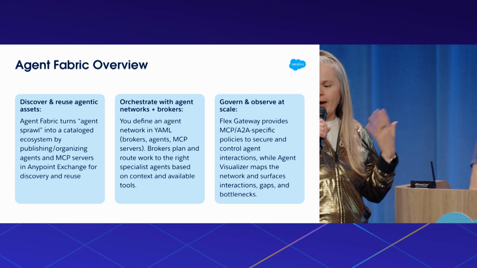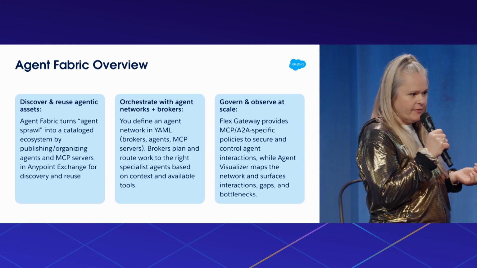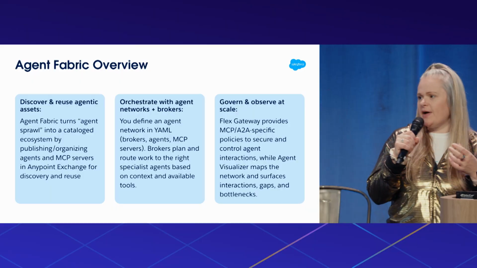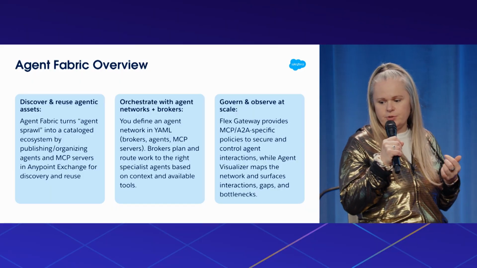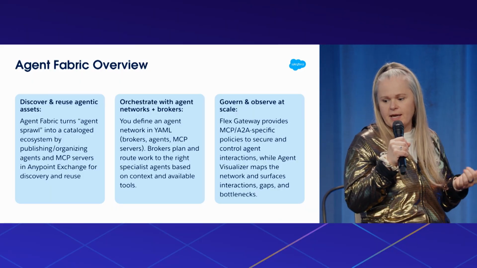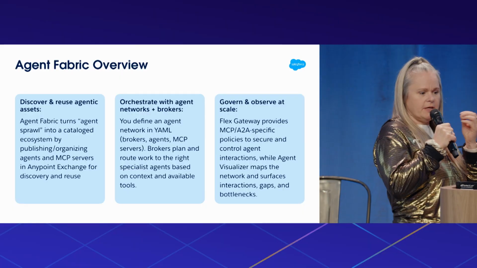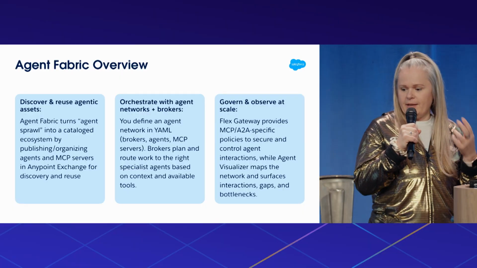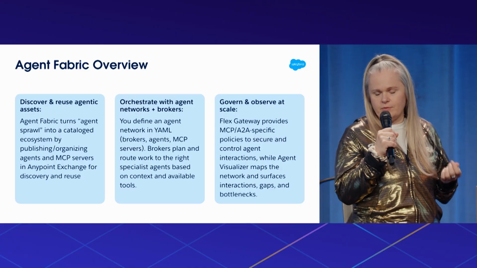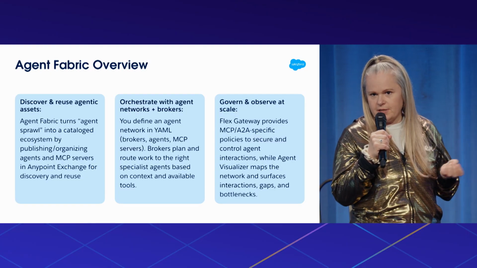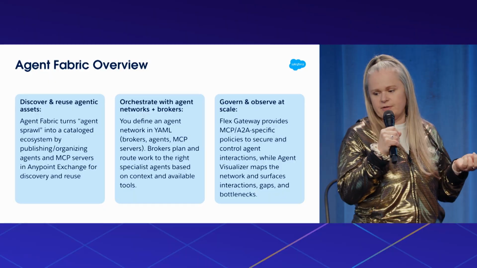But first, what is Agent Fabric? We're going to give you a little bit of overview here. Agent Fabric is something that allows you to build, discover, and reuse agentic assets using the Anypoint Exchange for discovery and reuse. So you can discover and publish and build these agents to reuse.